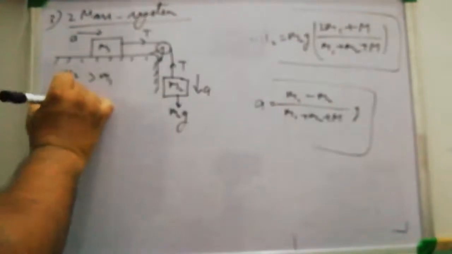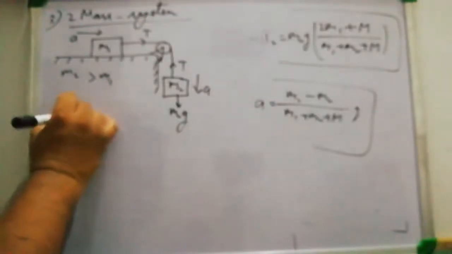Free body diagram of mass m1. Here on the mass m1, tension T is acting from left to right. So let us draw a tension T from left to right.